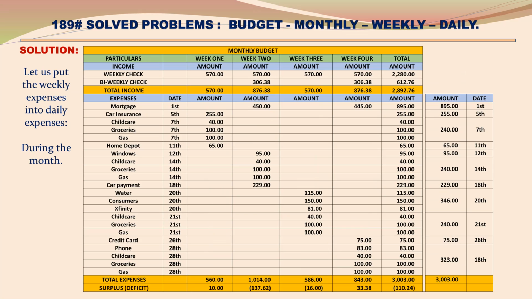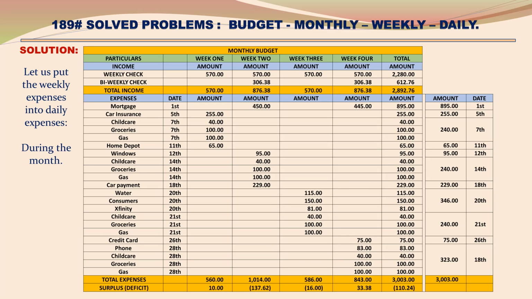On 1st 895 for mortgage. On 5th 255 for car insurance. On 7th 240: child care 40, groceries 100 and gas 100. On 11th 65 for home department, on 12th 95 for windows.